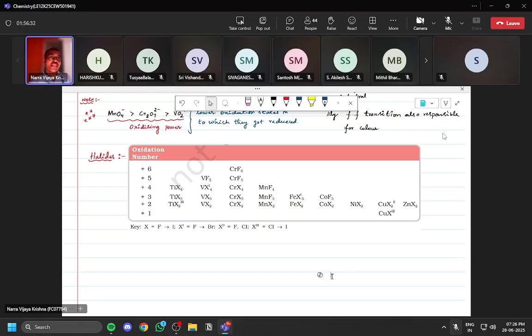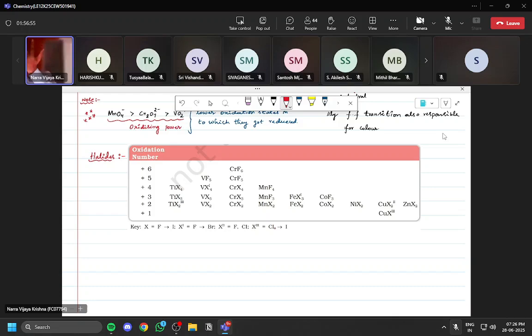Fluorine is a good oxidizing agent. If fluorine is a good oxidizing agent, it always tries to exist in higher oxidation states. Means it oxidizes titanium to higher oxidation state. Higher oxidation state means it has to be +4. Are you able to understand? Fluorine, oxygen, these are good oxidizing agents or not?